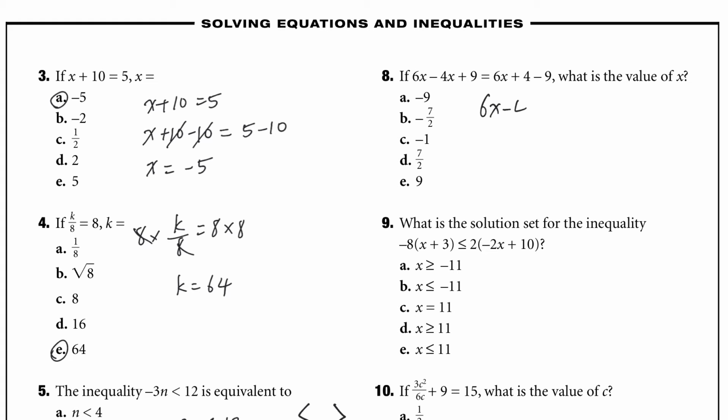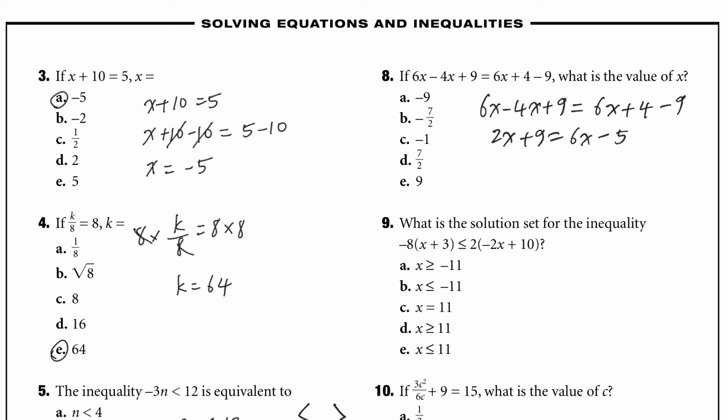6x minus 4x plus 9 is equal to 6x plus 4 minus 9. There are a few ways to do it, but let me just collect like terms. So 6x minus 4x, and then 6x minus 5, because 4 minus 9 is minus 5.